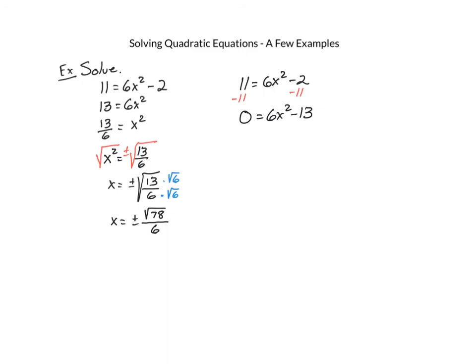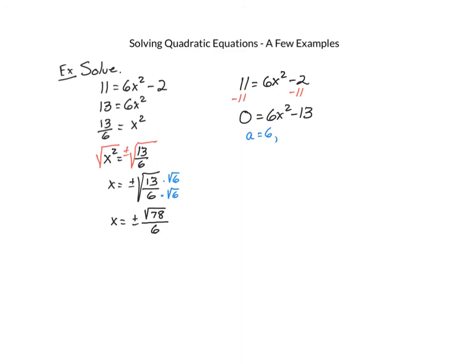But what if you didn't? Well, factoring doesn't work and completing the square doesn't apply. But quadratic formula always works, so you could identify your A, B, and C. A is 6.